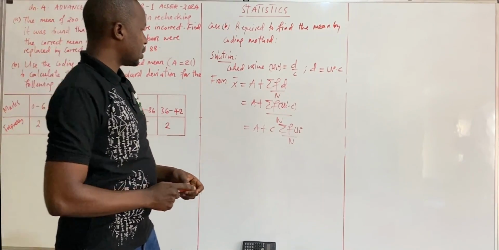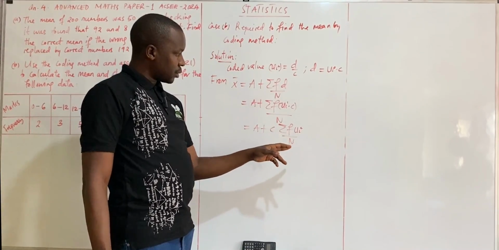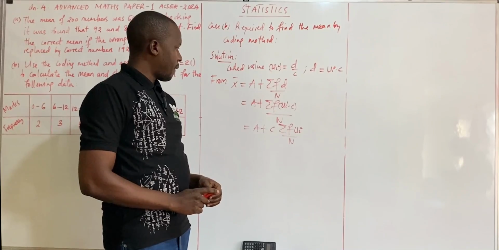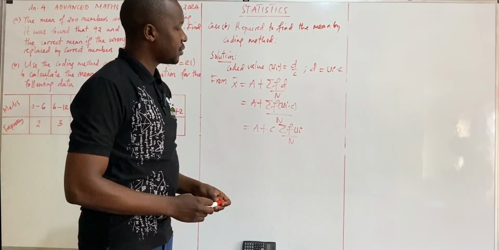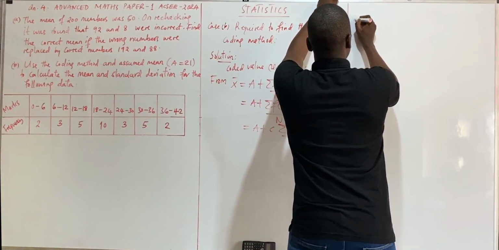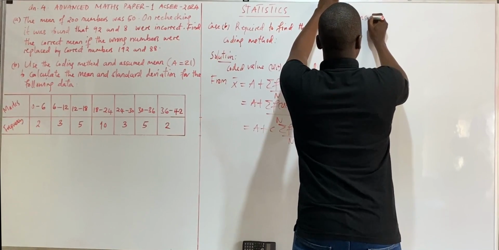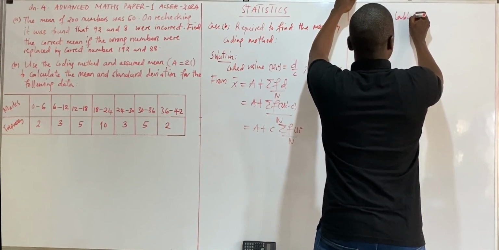Now from here, we are going to prepare a table. Our table will comprise the frequency, the coded value, and other important items like class marks and deviation. So consider a table below.